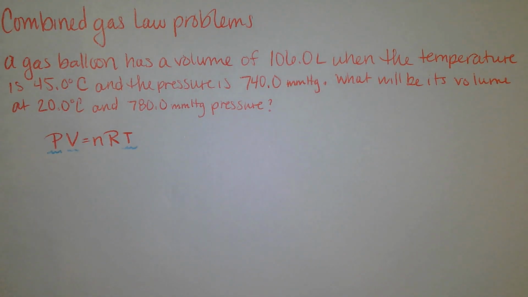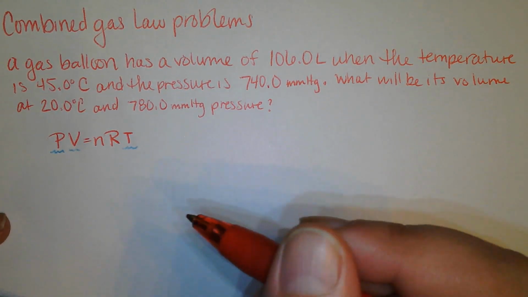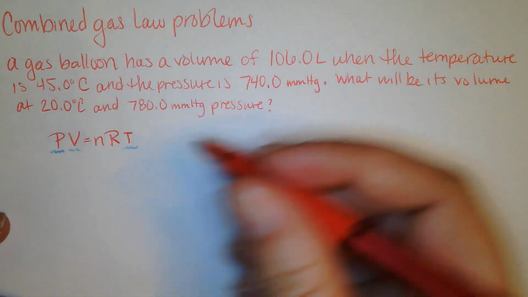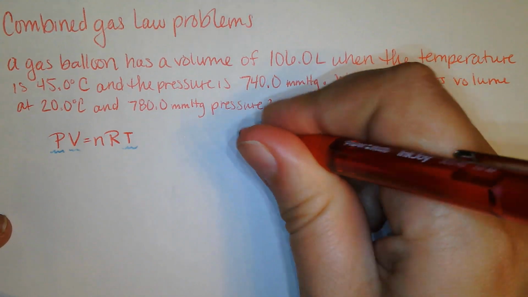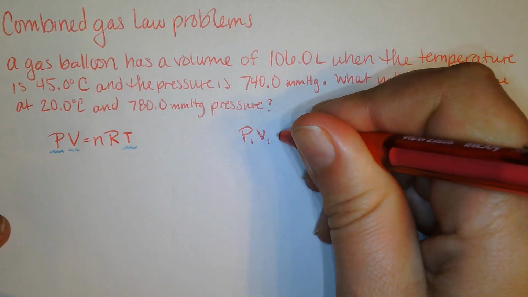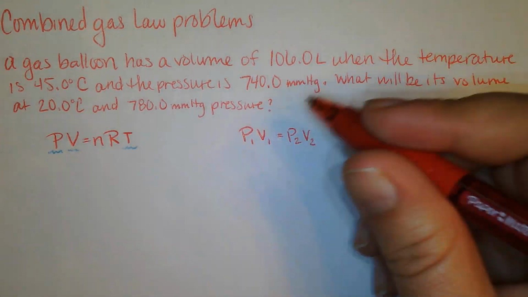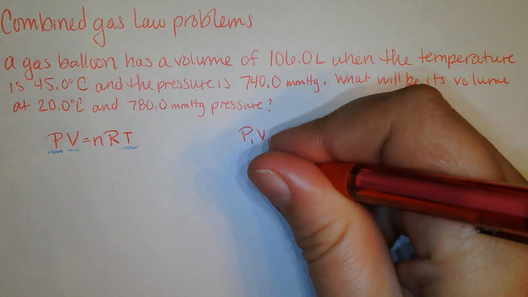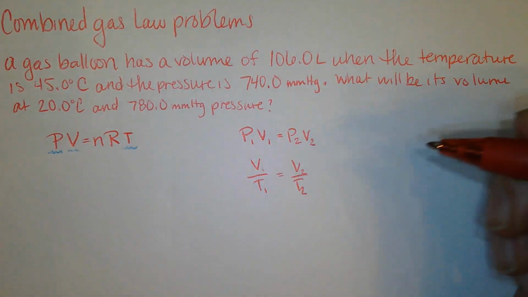So as far as combined gas laws, we have to come up with an equation. You can kind of combine them. I'm going to show you how to just do it, and then I'm going to show you the mathematical way to really do it. So I have P and V, and if I look at Boyle's law, that was P1V1 equals P2V2, remember? And if I look at Charles's law, that was V1 over T1 equals V2 over T2.